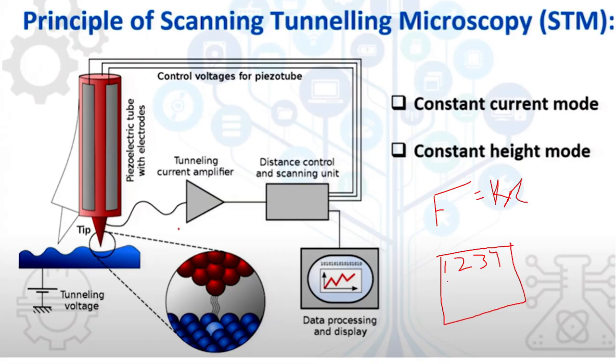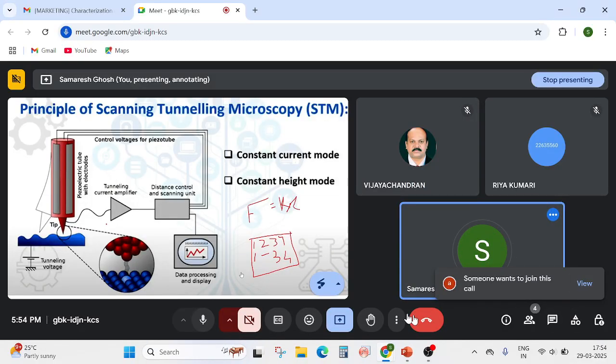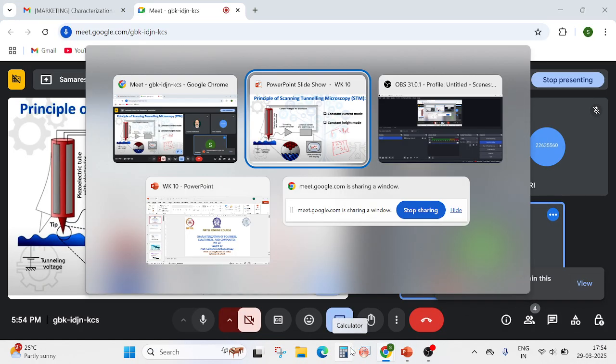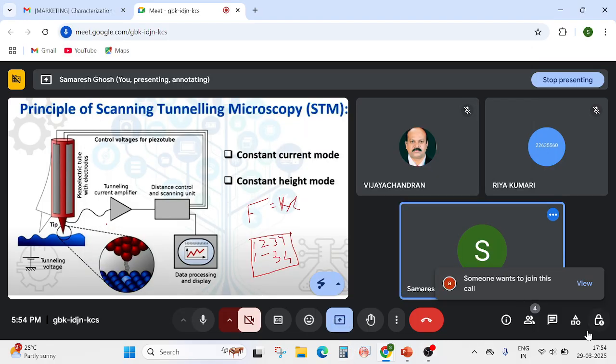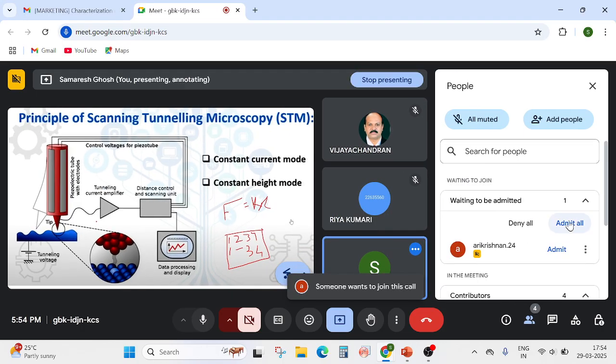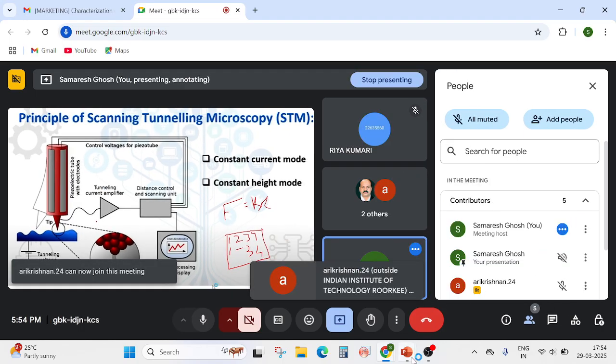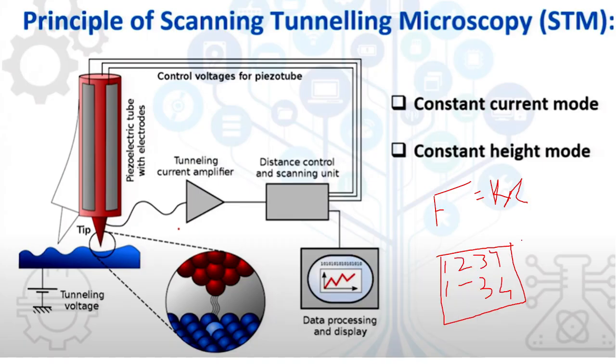So in that way, it is forming 1, 2, 3, 4. So it is forming basically a matrix, right? If it is a matrix in my order after interacting with each and every point, then you use that array or matrix through software to form the image.